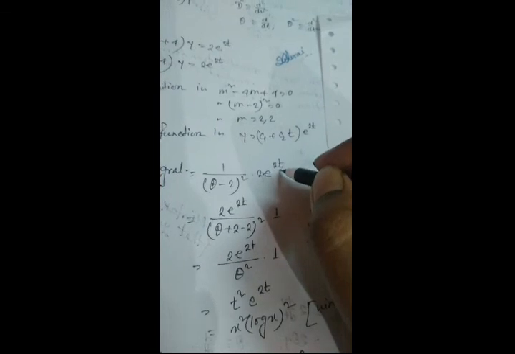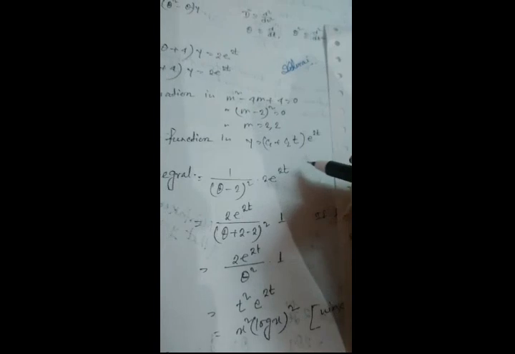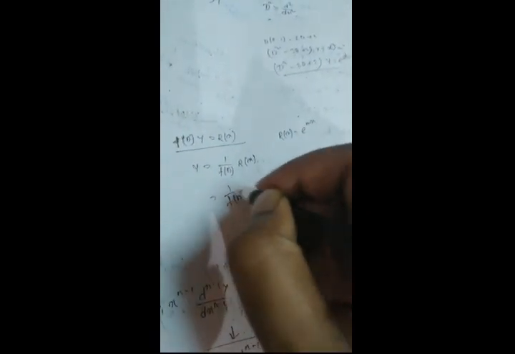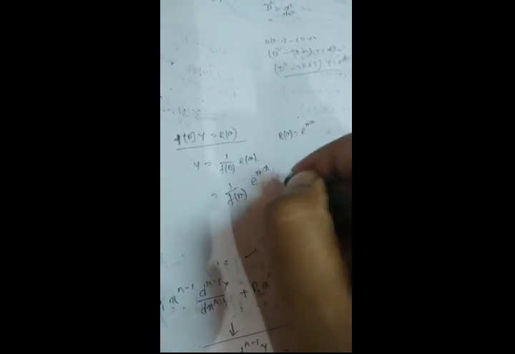So for finding the particular integral, if the form is f of D y is equal to r of x, then the particular integral will be y is equal to 1 by f of D into r of x. And since here the function is in t, if this is an exponential form, then we have to put 1 by f of m into e to the power mx if f of m is not equal to 0.